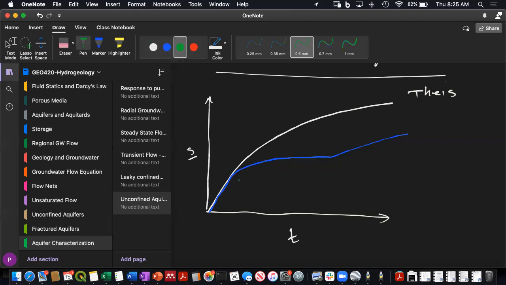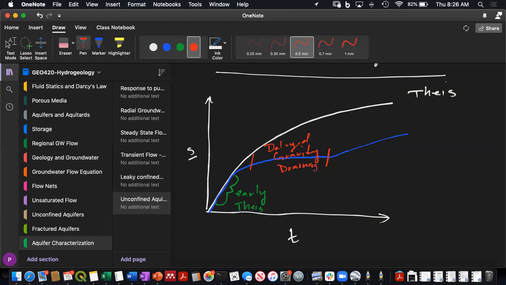So our unconfined aquifer gets broken up into three sections here. There's the early time Theis response. Then there's this section here that's the delayed gravity drainage. That's just the drainage of the pores.